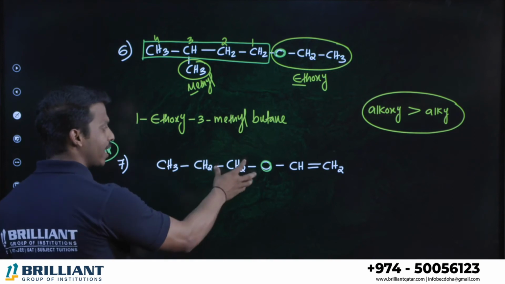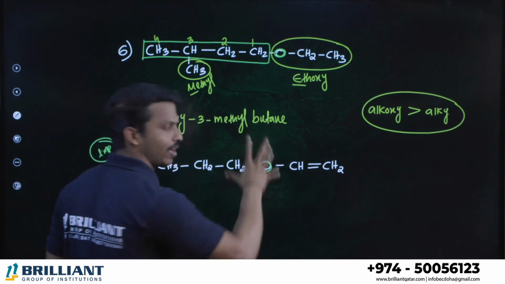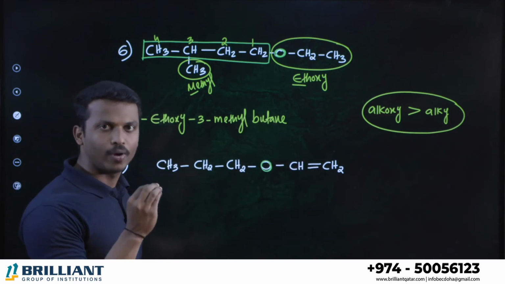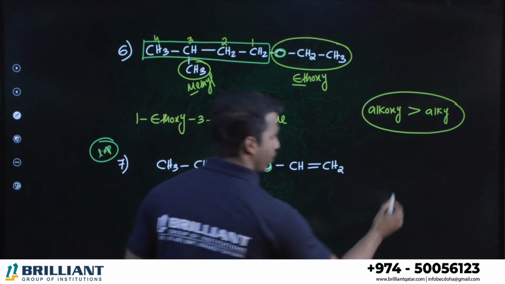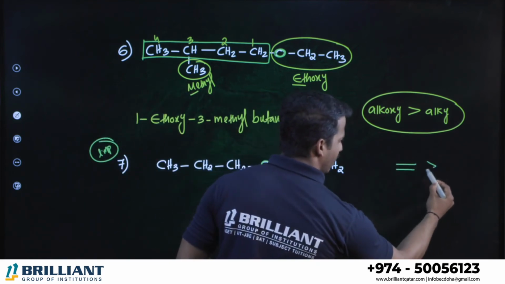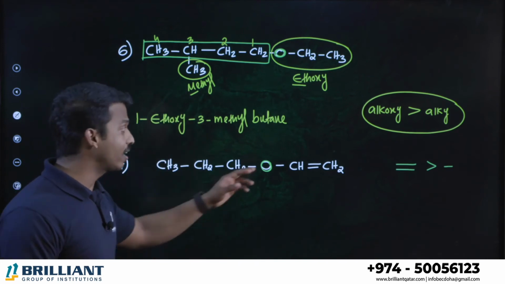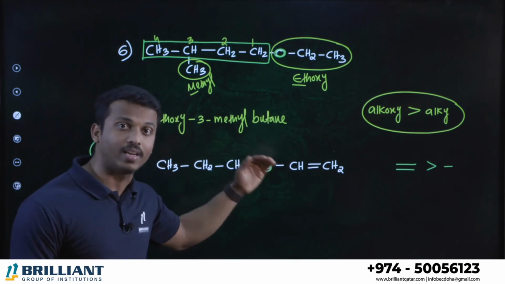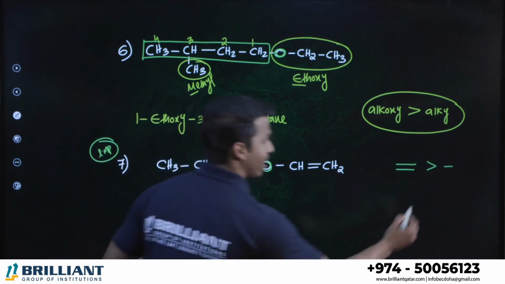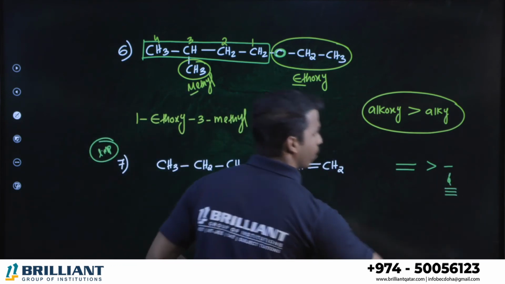Because the left side is an alkane and the right side is an alkene. As per the priority order of functional groups, dear all, alkenes have greater priority than alkane and alkyne, the triple bond.